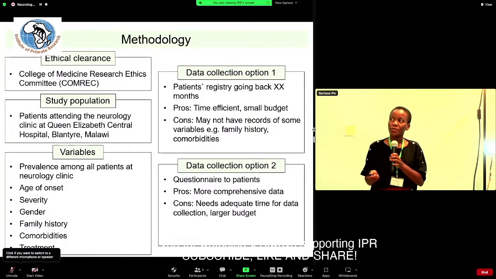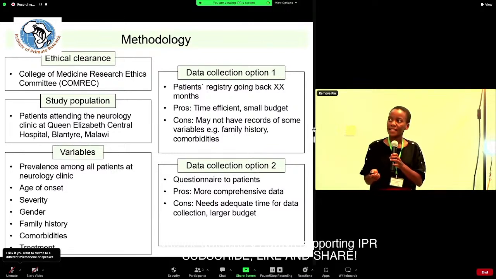So we thought of two ways of collecting data, and we were still discussing, and my colleague said we can get more input and advice from this school, so that we can see which one would work best.